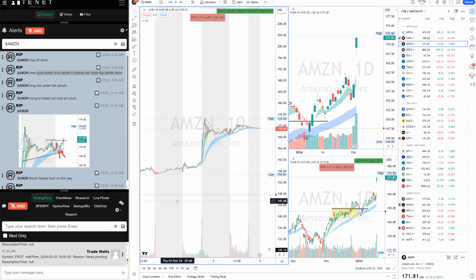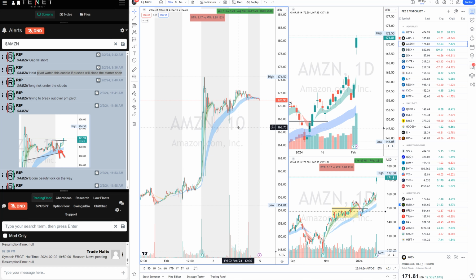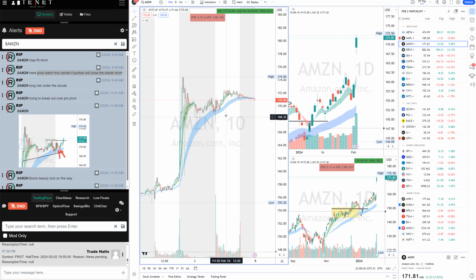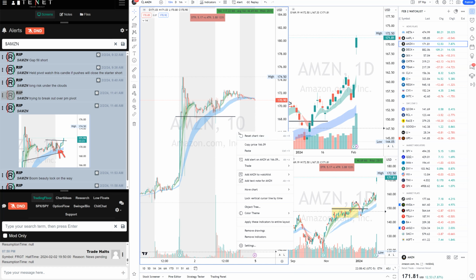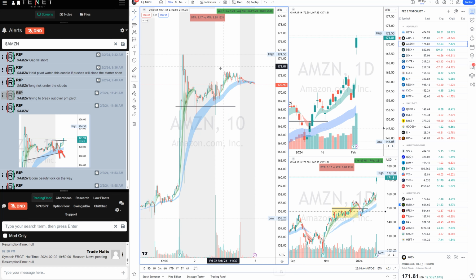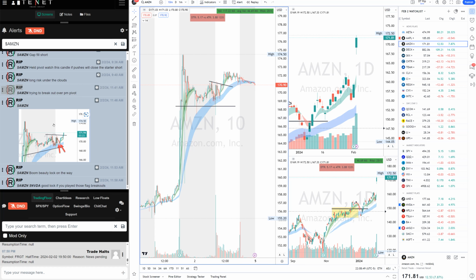So I took the loss, and then it was a long idea versus the clouds, and now the risk was under the clouds. So if you're longing here, you're short, you cover the short, and you watch a dip, and you add long, and you move your stops under the clouds right here. And then what happens? Not the best of mover, but you be patient, and then look here.